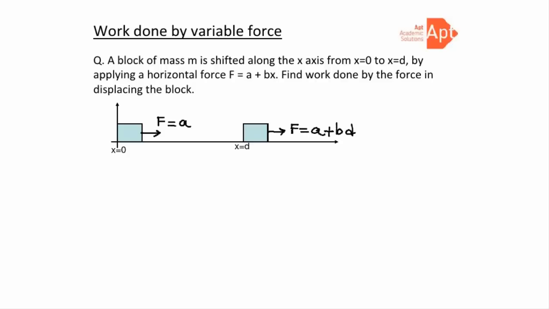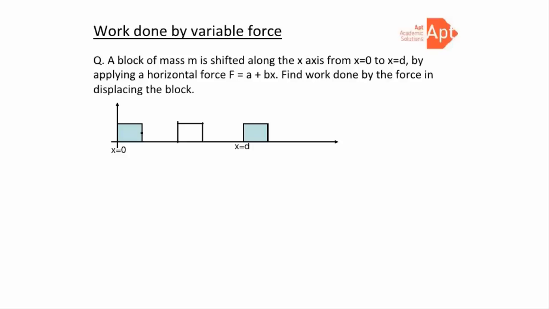Now, since we want to find the work done by this force, which is a variable force because it is varying with x, let's draw the same block at some point, say x. This is the block.